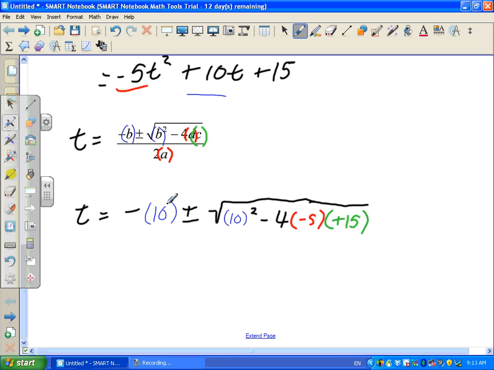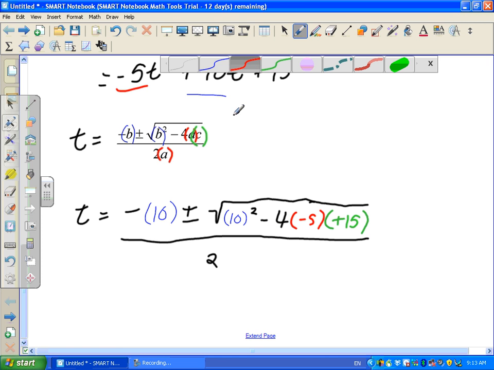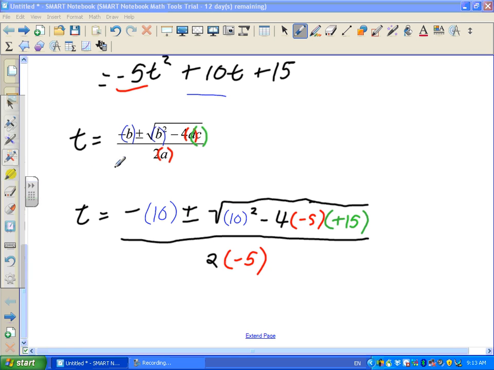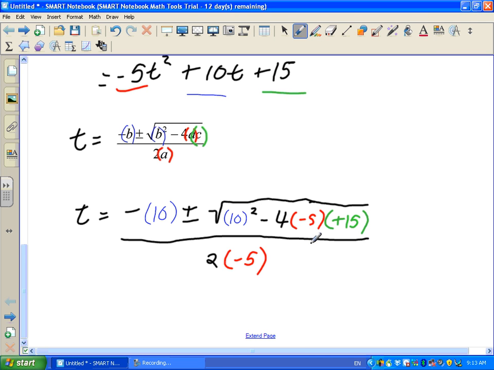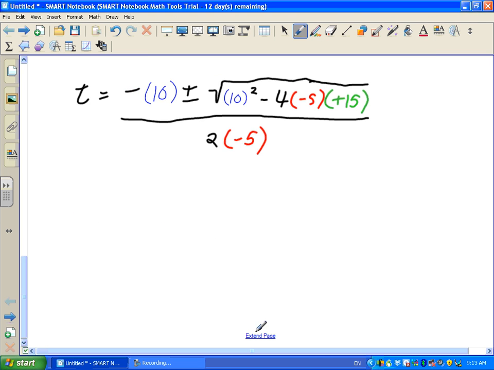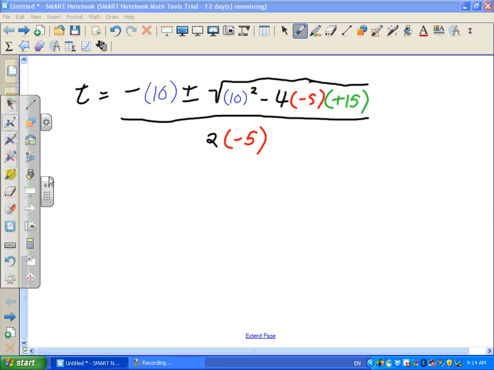And the entire equation is all above negative 5. That was surprisingly hard to do. So I've replaced all the values in this quadratic formula with our a, b, and c from our standard equation. We're going to carry this out to solve for what t is equal to.